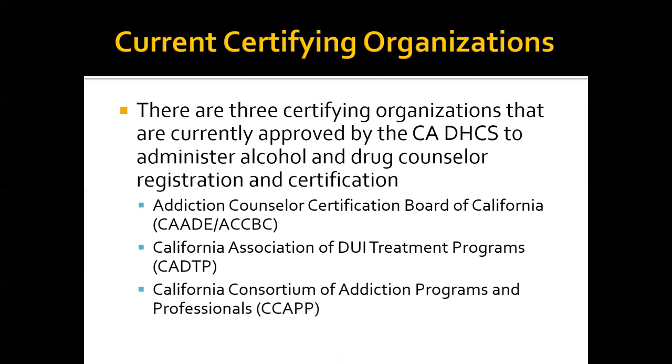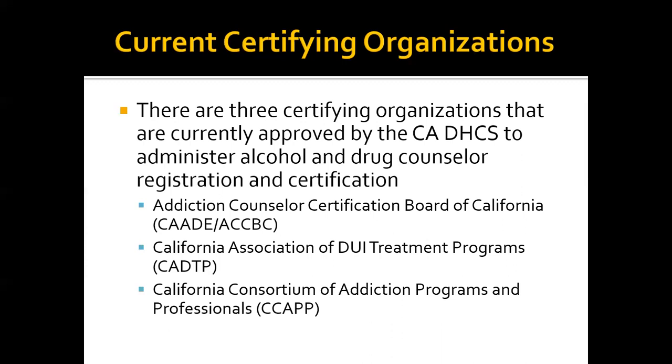And the last one is the California Consortium of Addiction Programs and Professionals, also known as CCAPP, C-C-A-P-P. CADAC is a credentialing organization that was in existence for a very long time in California, and sometimes people refer to becoming a certified drug and alcohol counselor as getting your CADAC, but CADAC doesn't exist anymore.